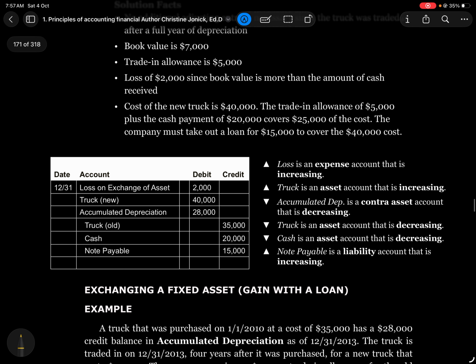Whenever we are trading in, we only received 5,000 out of 7,000, so we have a loss of 2,000, but we are using notes payable or a loan as well. So what happens? We will need to record the loss. We will need to record the new asset, which is the truck, debit accumulated depreciation, credit your old truck, credit your cash out, credit your loans payable.